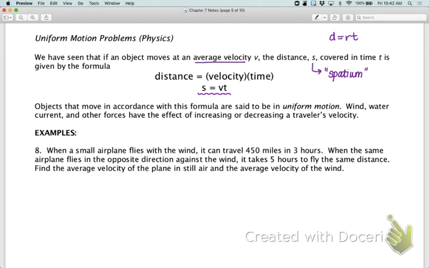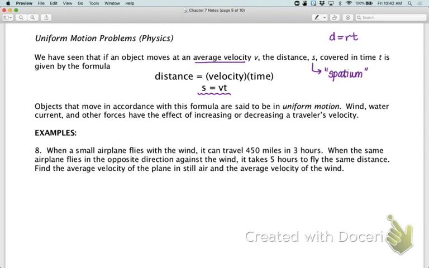So that's important too. Wind, water current, and all kinds of other forces are going to have the effect of increasing or decreasing a traveler's velocity. If the wind is blowing straight at your car, you have to work harder to make it go faster.